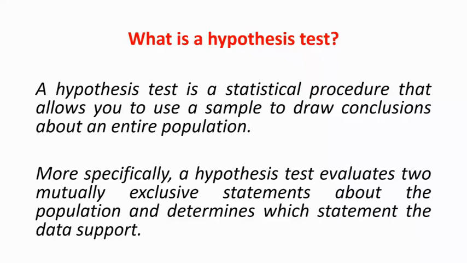These two mutually exclusive statements, which we call hypotheses, are what the procedure is going to test. Clear? We call the one the null hypothesis and the other the alternative hypothesis. We will discuss these on coming slides.